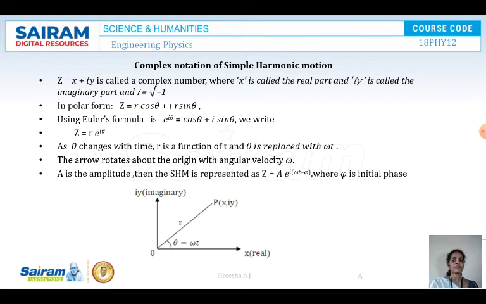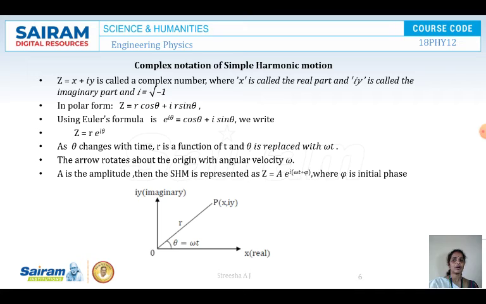In polar form, we write z is equal to r cos theta plus i into r sin theta. Using Euler's formula, e to the power of i theta can be written as cos theta plus i sin theta. We write it as z is equal to r into e to the power of i theta.